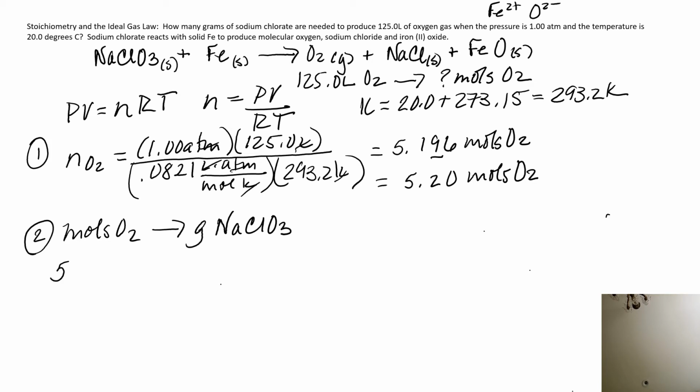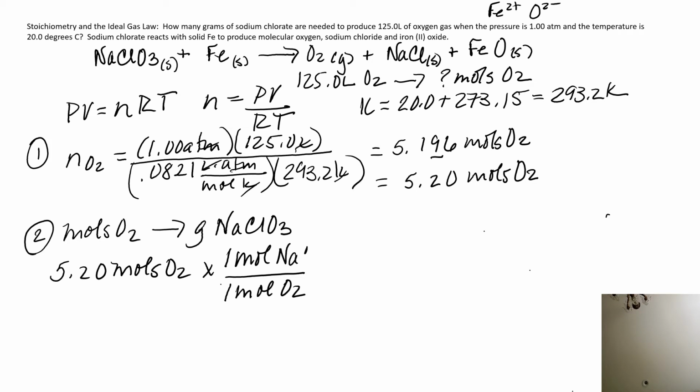So we have 5.20 moles O2, and the stoichiometry from the balanced equation tells me 1 mole of O2 is equivalent to 1 mole of sodium chlorate. Now I need the molar mass of sodium chlorate to convert moles to grams of sodium chlorate: 106.44 grams.